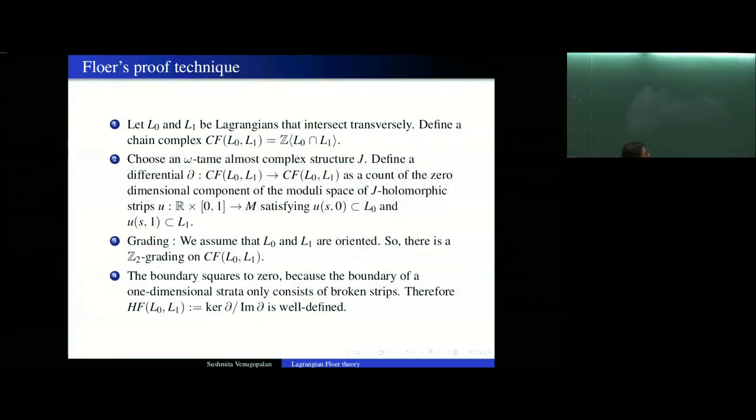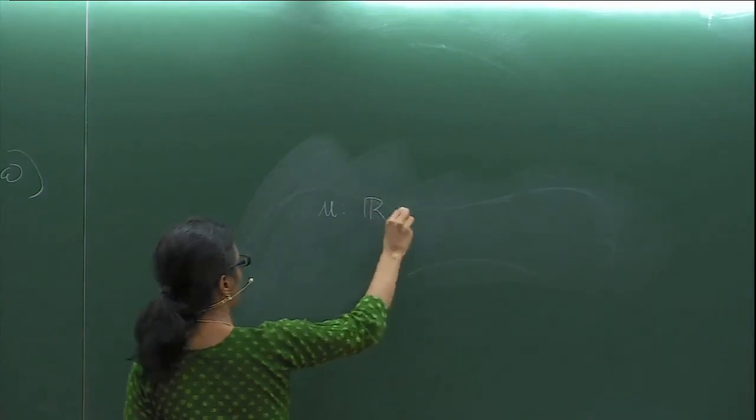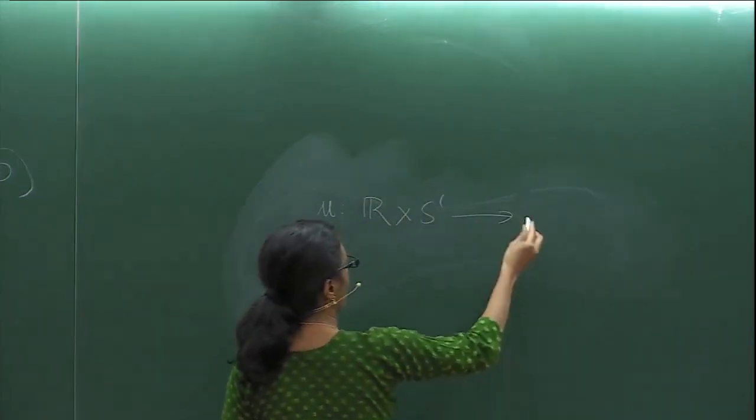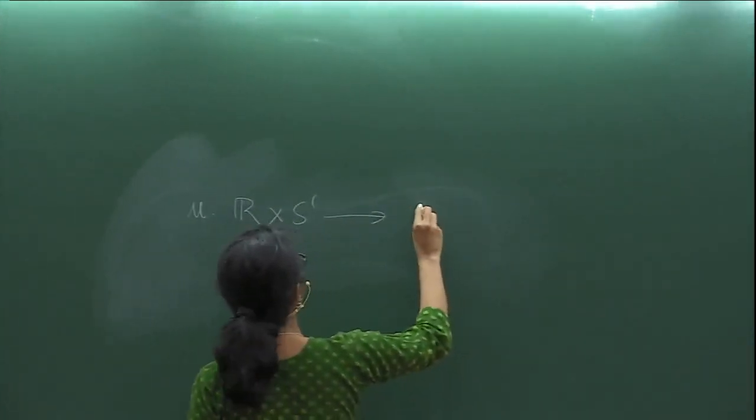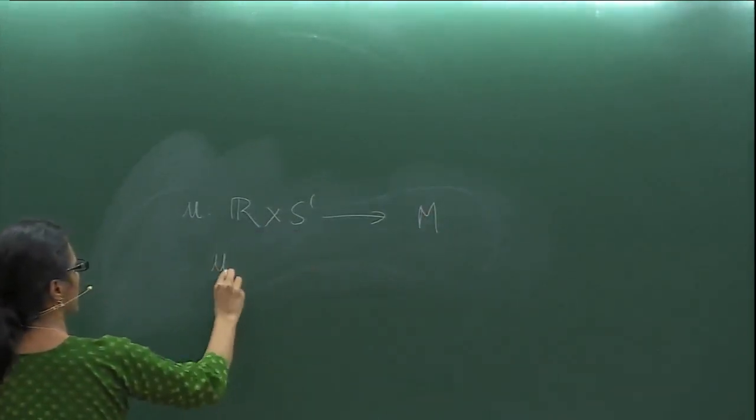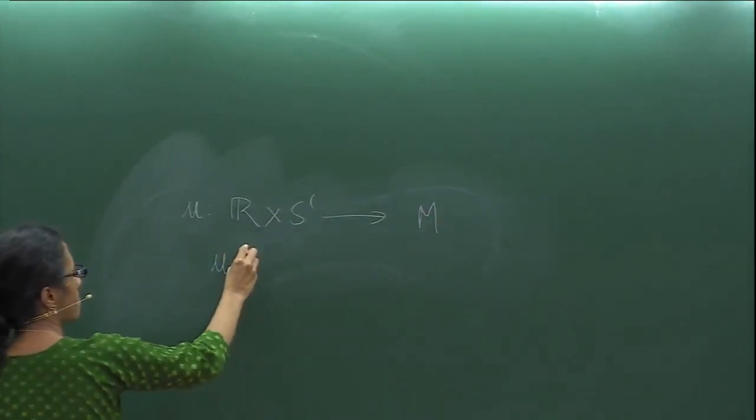So in order to define the differential, you need to take a tamed almost complex structure, J, and you are counting strips. So in the morning we were looking at cylinders, but now since we have these Lagrangians, we are counting strips. So these are the kind of strips we are counting.